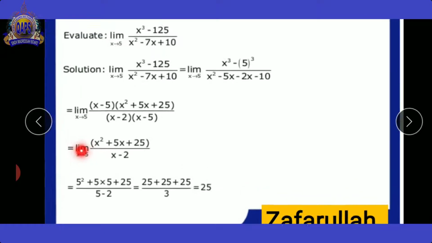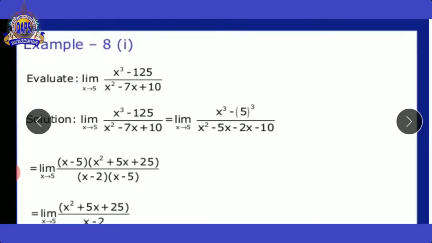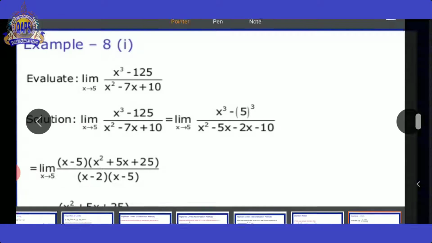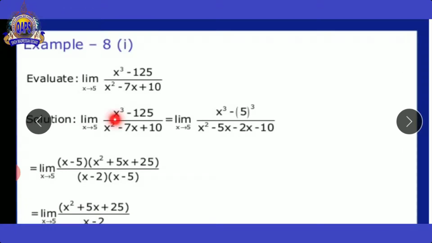Now again, example number 8. Evaluate limit x tends to 5, x cube minus 125 upon x square minus 7x plus 10. Here the whole numerator is converted using the difference of cube formula, and the denominator's minus 7x is broken into two terms, minus 5x and minus 2x.